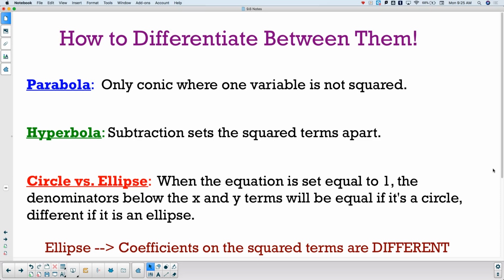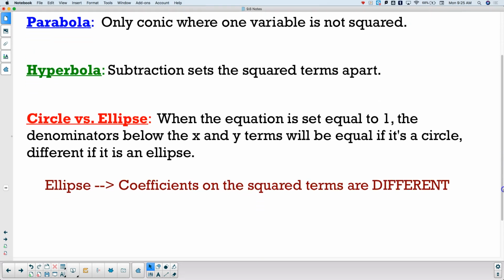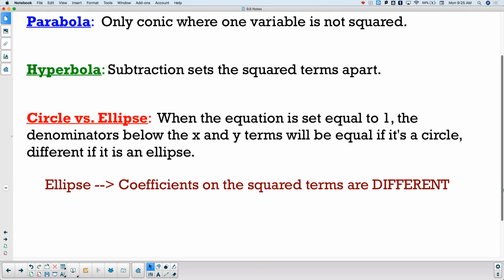Another way of saying that same thing is that it's an ellipse if the coefficients on the squared terms are different, because that's saying the exact same thing, but in a much more compact, concise way.